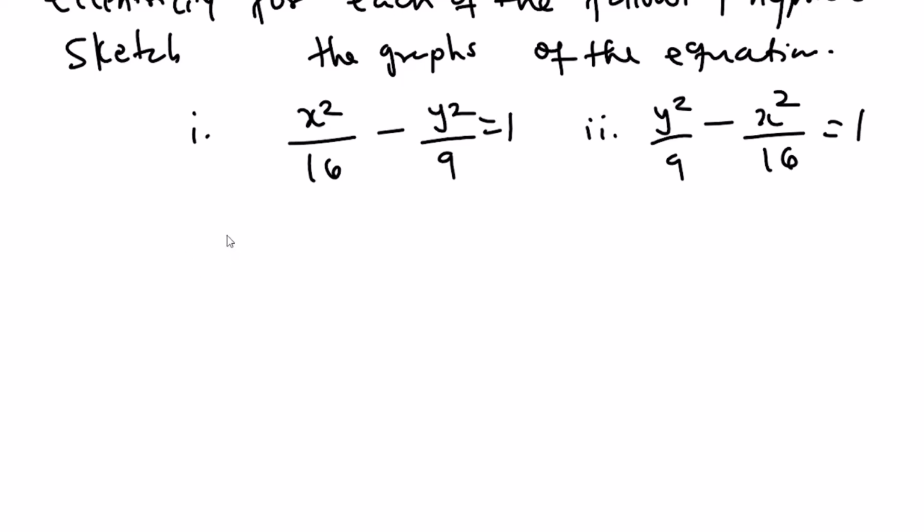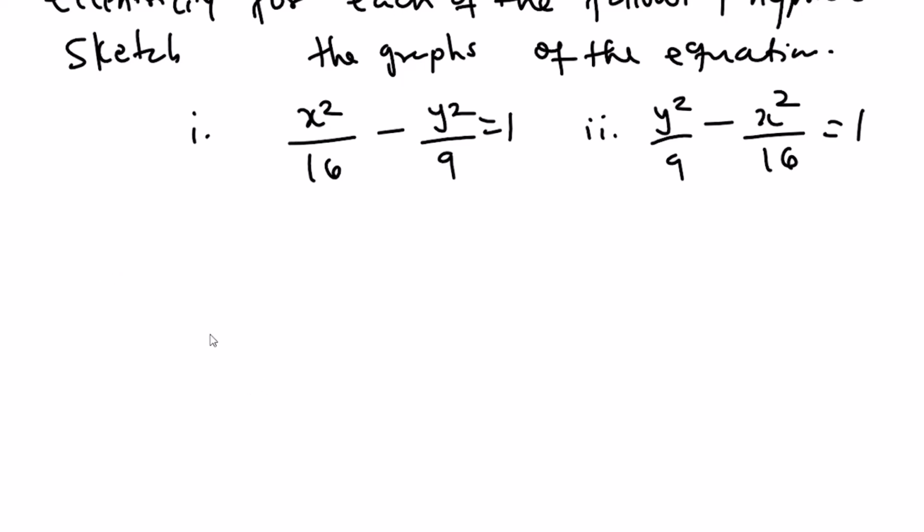So when you have eccentricity equal to 0, you have a circle. If you have eccentricity equal to 1, you have a parabola. When it's less than 1, you have an ellipse. And when it's greater than 1, you have a hyperbola.